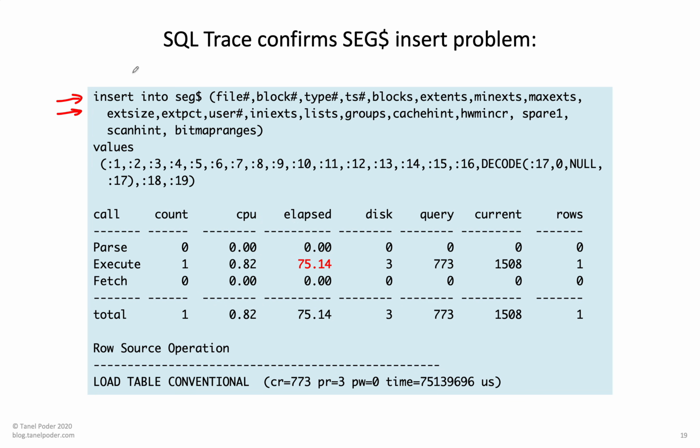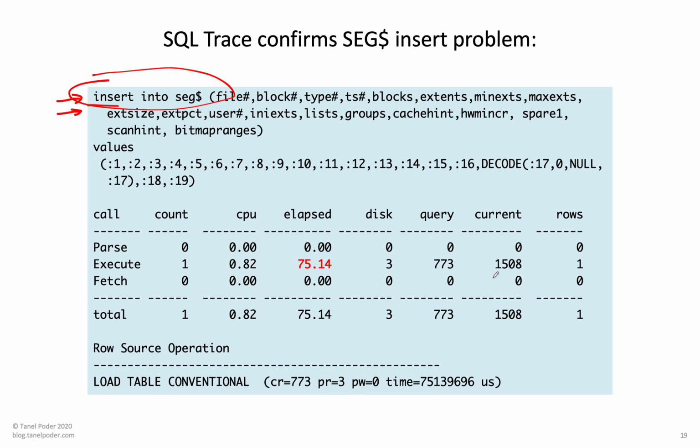So SQL trace traces everything you do, including recursive queries, like you see from here, right? And it has a full, chronological history. It doesn't just sample every second like ASH and whatever you see. It actually traces everything, right?